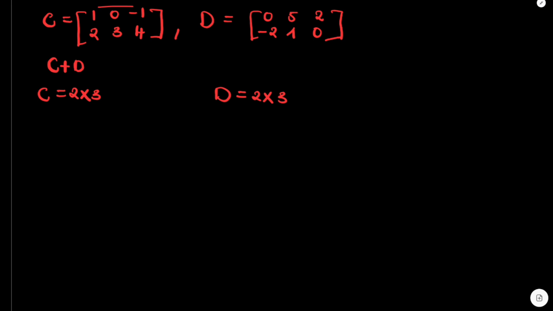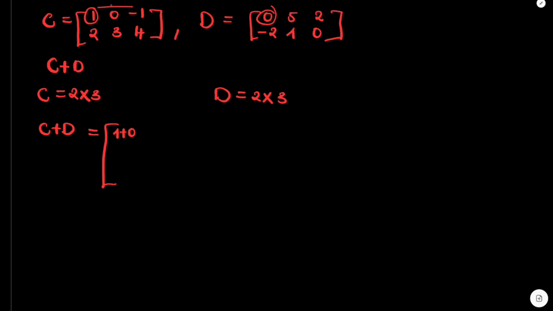Now let us go to the addition process. We are adding corresponding elements, elements on the same position in each matrix. So let us take the first one. What is its corresponding element in the matrix D? It is 0. So we add 1 plus 0. That will be the first element.